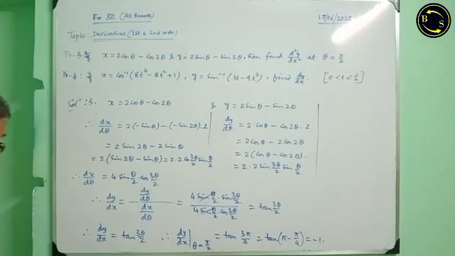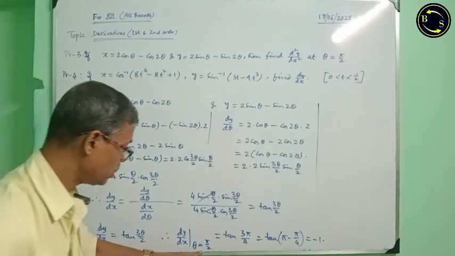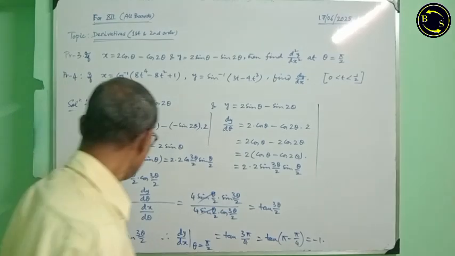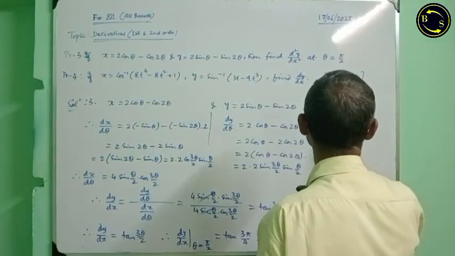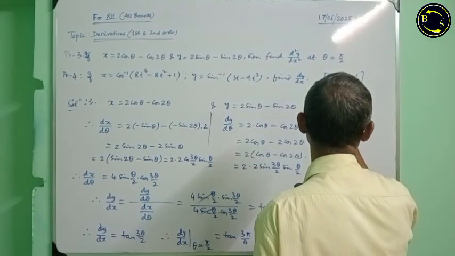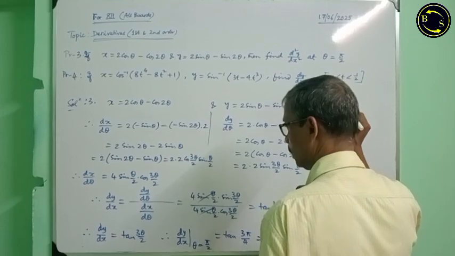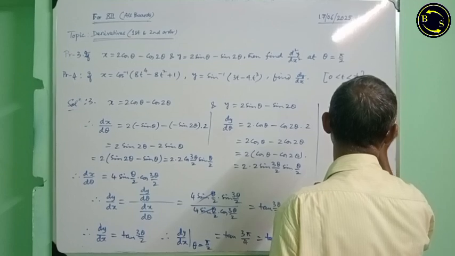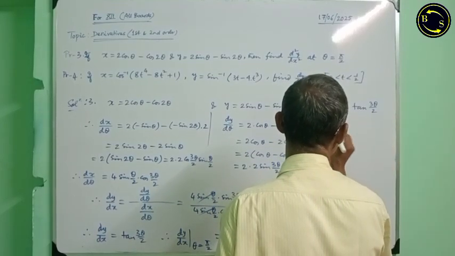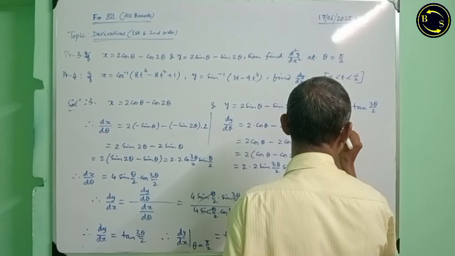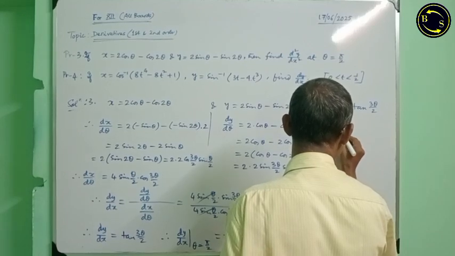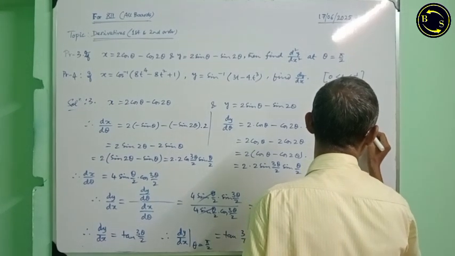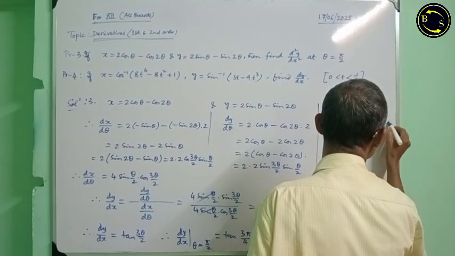Now we have got dy dx at theta equal to pi by 2. We have to find d2y dx2. Dy dx equal to tan 3 theta by 2. Therefore, d2y dx2 is equal to d dx of tan 3 theta by 2.